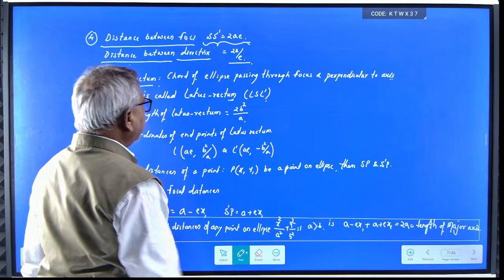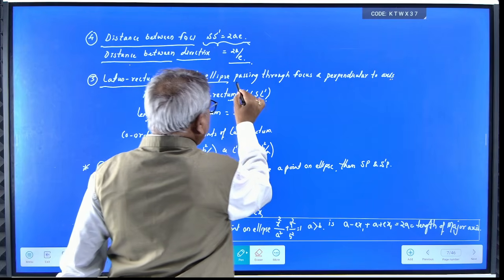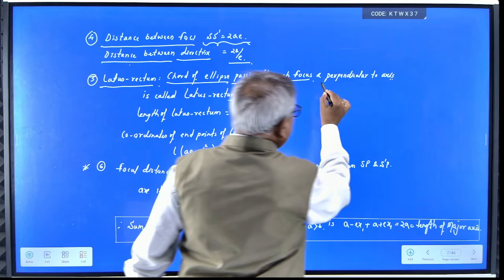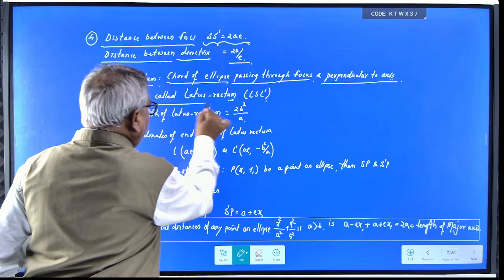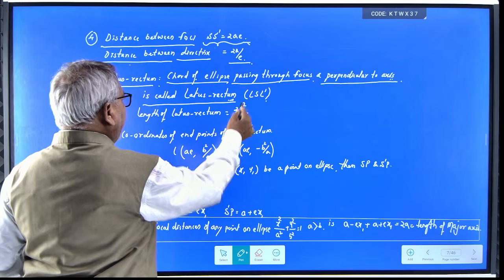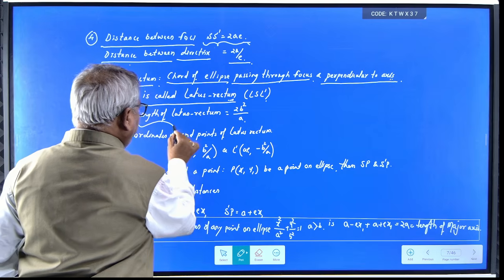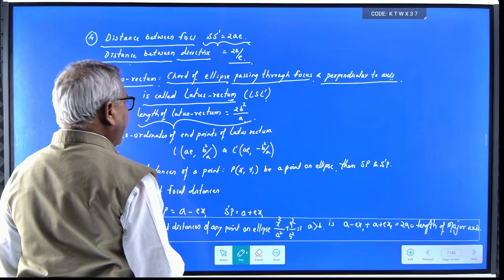Latus rectum: the chord of the ellipse passing through the focus perpendicular to the axis is called the latus rectum, LSL dash, and the length of the latus rectum is 2b squared upon a.